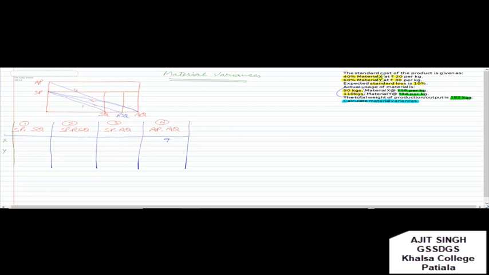It is 90 kgs in case of material X and 110 kgs in case of material Y. Total of these both quantities comes to be 200 kgs. This is actual quantity.